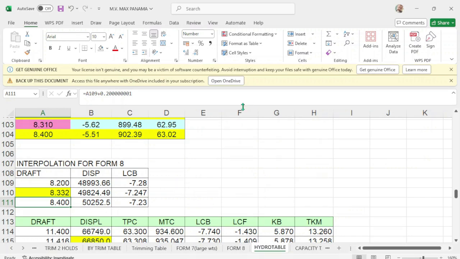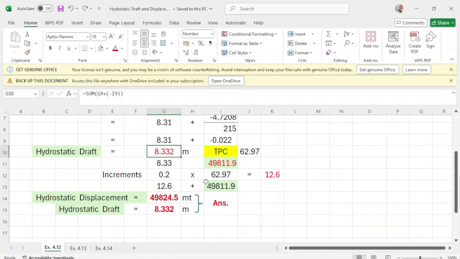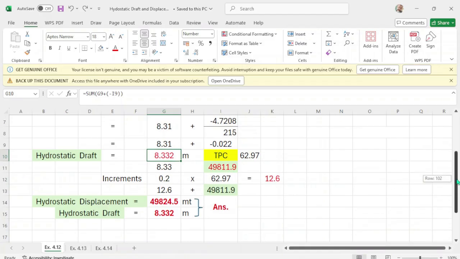Okay, so it is confirmed that it is correct. Okay, put it back. So this is the answer to this query of example 4.2.